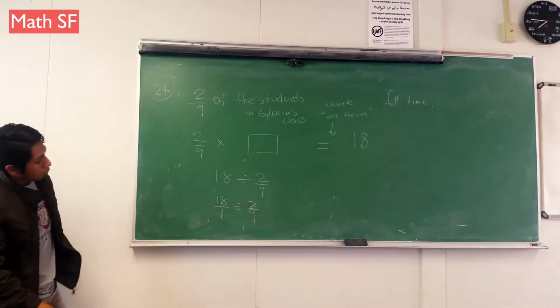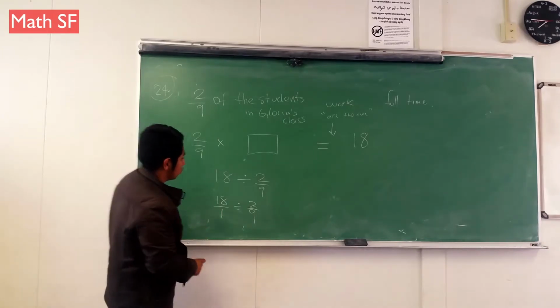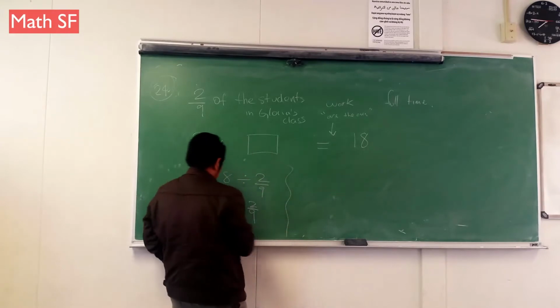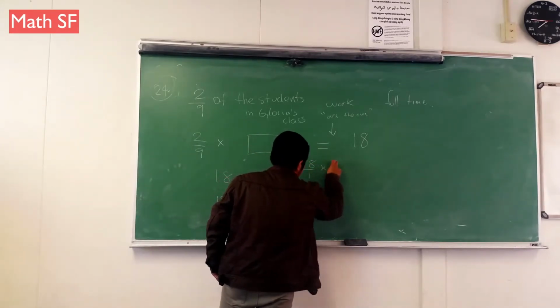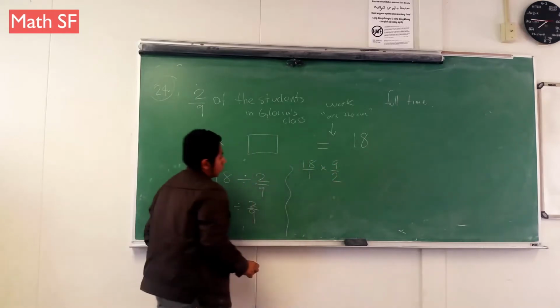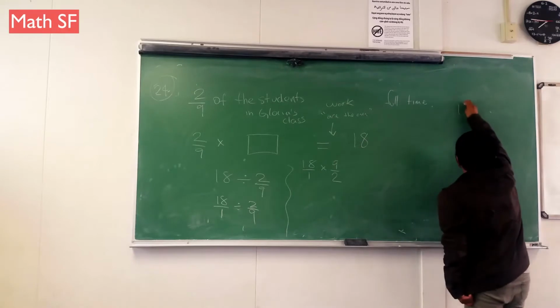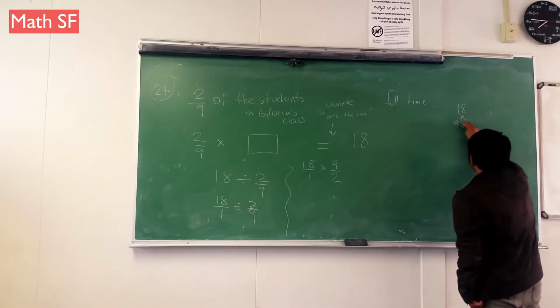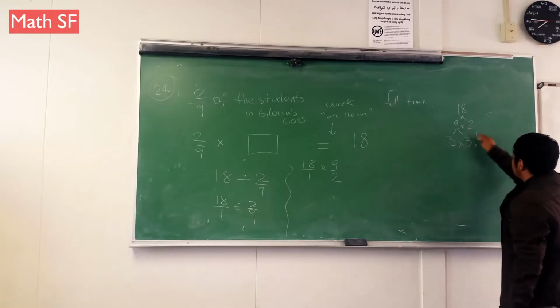What else can we do here? Well, I have to change that into a multiplication statement. So that will be 18 over 1 times 9 over 2. What gives me 18? Well, 18 can be 9 times 2, and this 9 can be 3 times 3, and bring the 2 down.